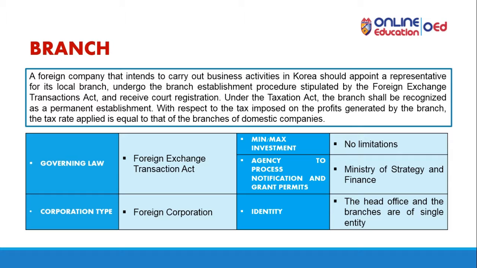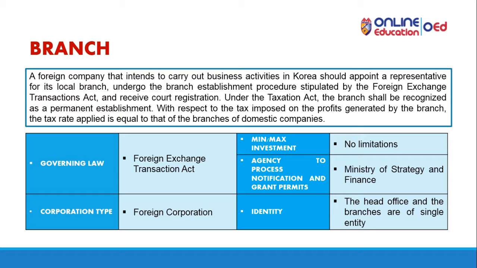Under the Taxation Act, the branch shall be recognized as a permanent establishment. With respect to the tax imposed on the profits generated by the branch, the tax rate applied is equal to that of branches of domestic companies. That's what makes it different from the other business structures.